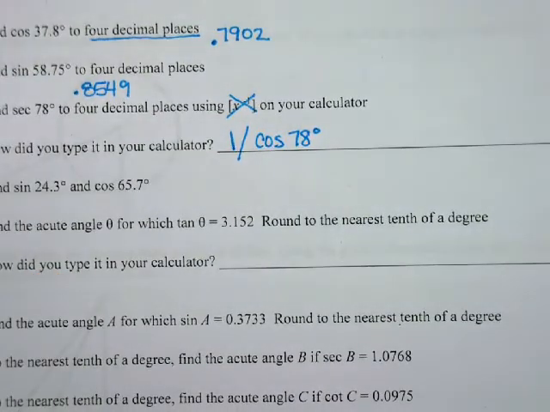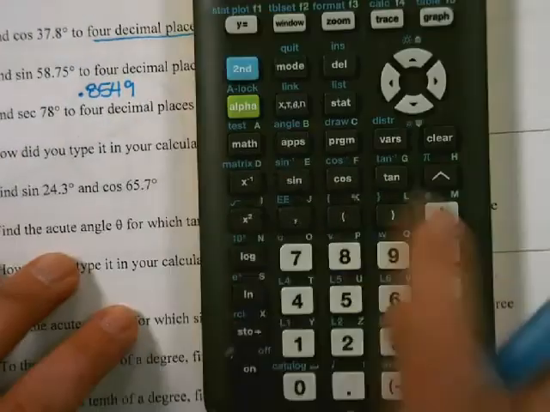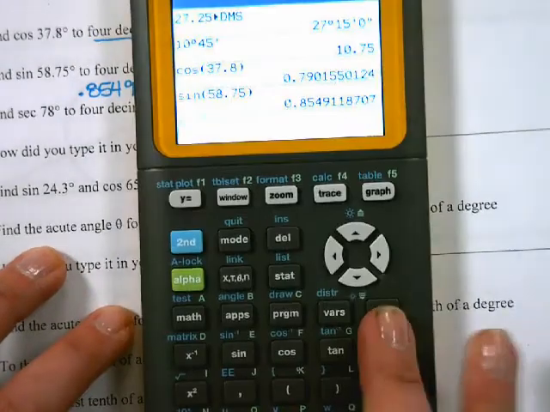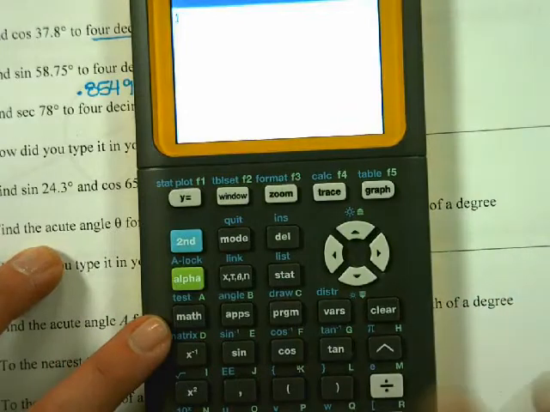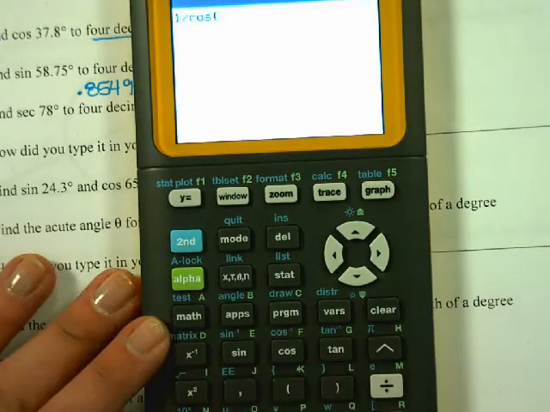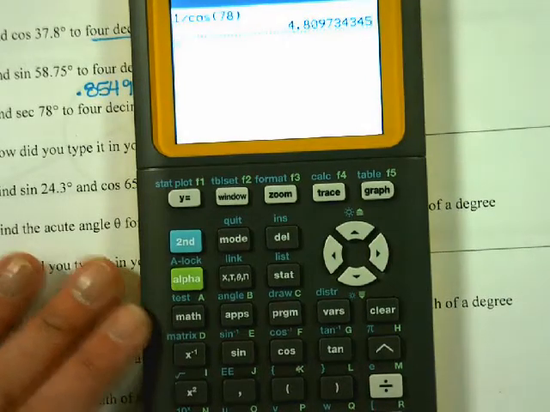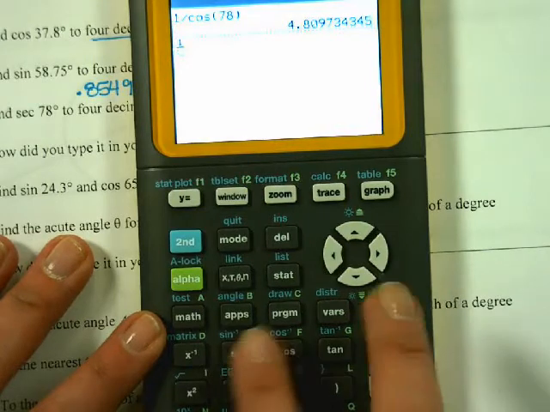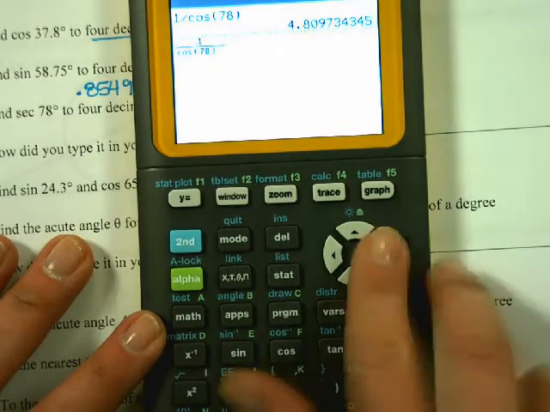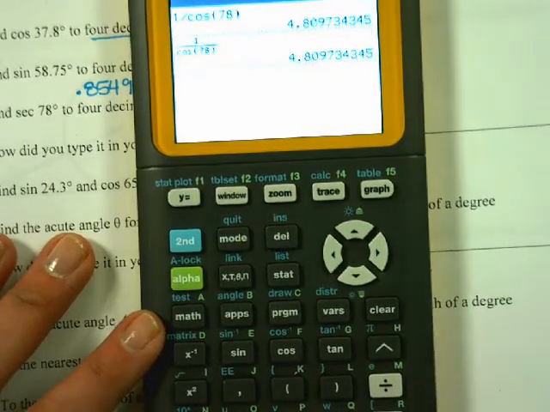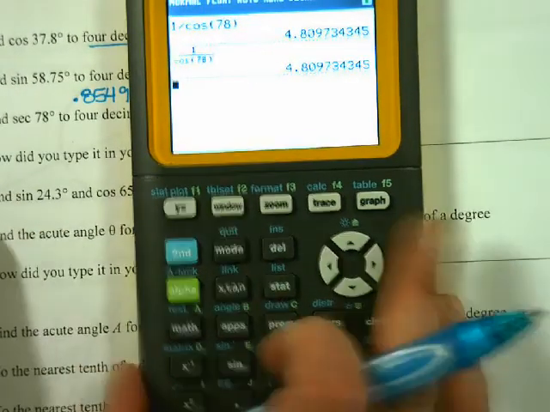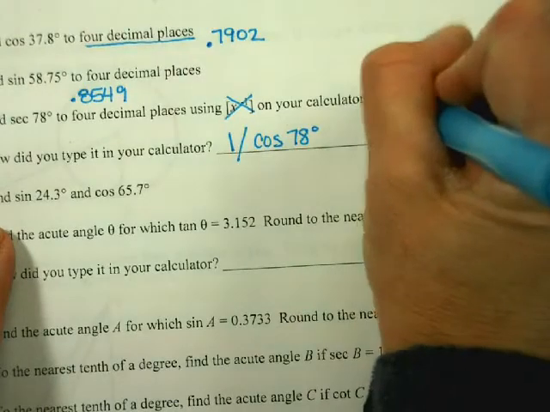Now, as you notice, I didn't use these minus 1 functions in my calculator. It's merely 1 divided by the cosine of 78 degrees. Or, if you like it in fraction form, 1 over the cosine of 78 degrees. Whatever makes sense to you. So 4.8097. All right, so we know what it is.